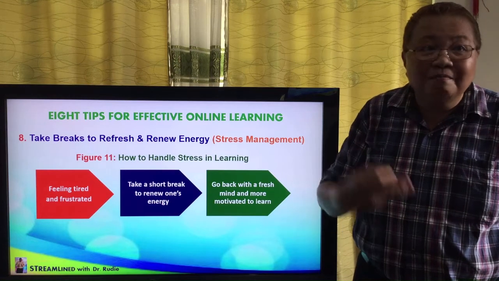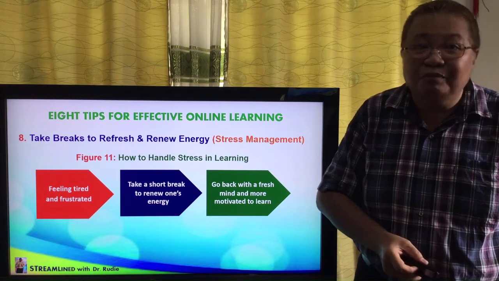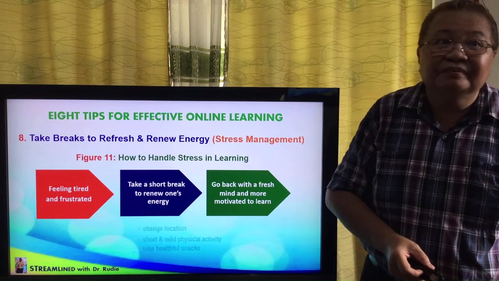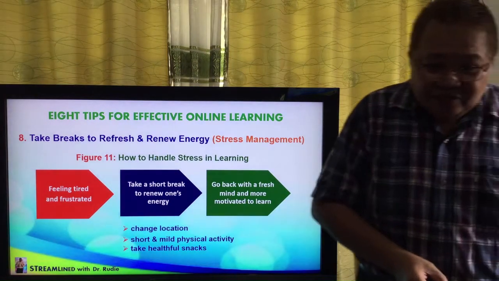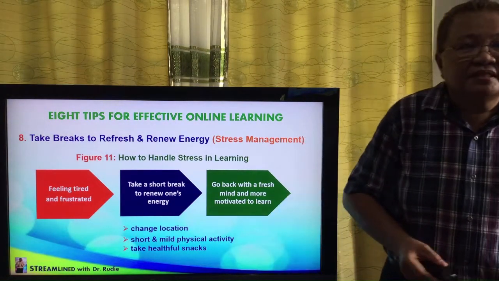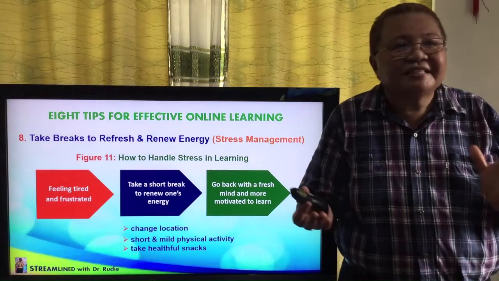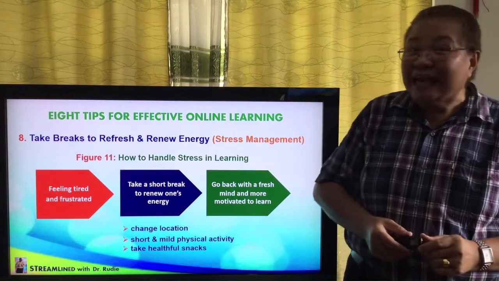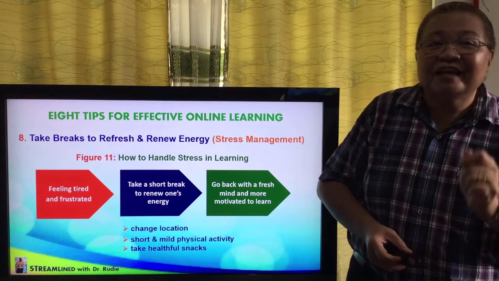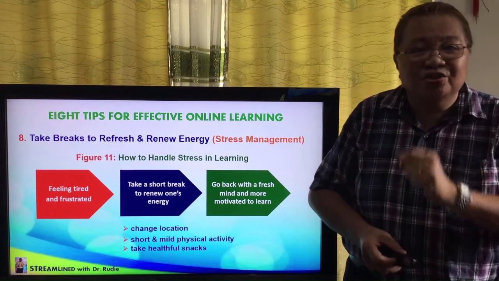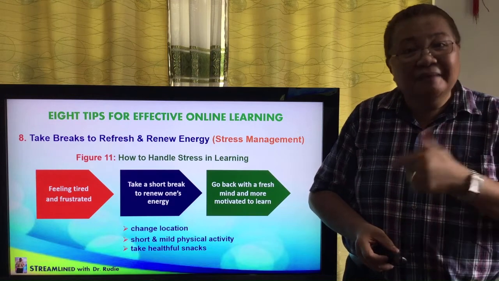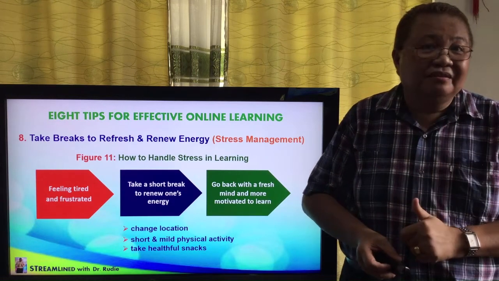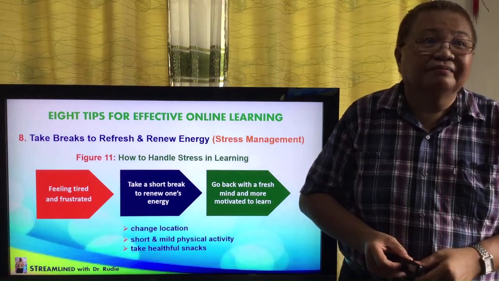After that, you can go back with a fresh mind and with more motivation to learn. Changing location, taking a short or mild physical activity, or maybe taking snacks, would be relaxing and would refresh, replenish your energy lost. And when you come back, you have more energy and more motivation to learn.